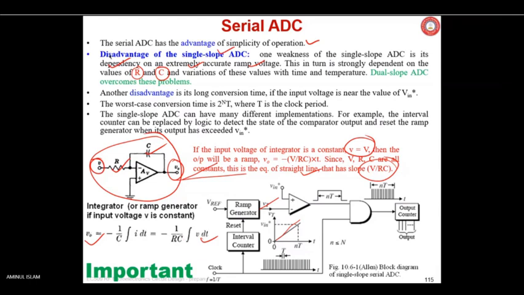Integrator equation is there, which we have already seen. Integrator equation. If V is constant, because you know this, this is the ramp generator circuit we're talking about. It is going to generate the ramp.